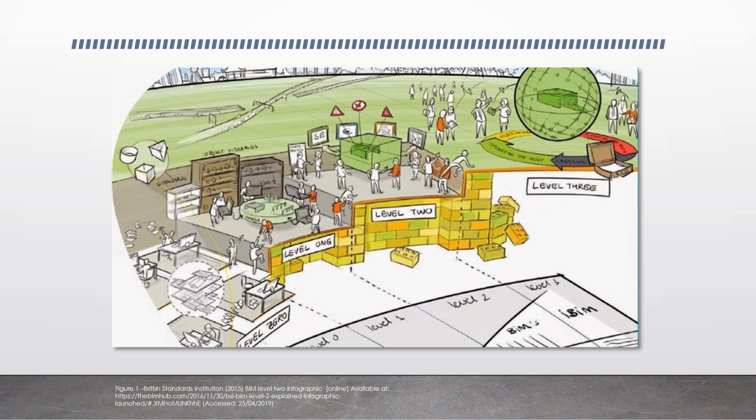The diagram in front on the page shows progressing from level 0, which was a very linear process where one person produced the information or the paperwork, passed it on to another, and anything that needed to be changed went straight back to the beginning of the cycle to be changed.